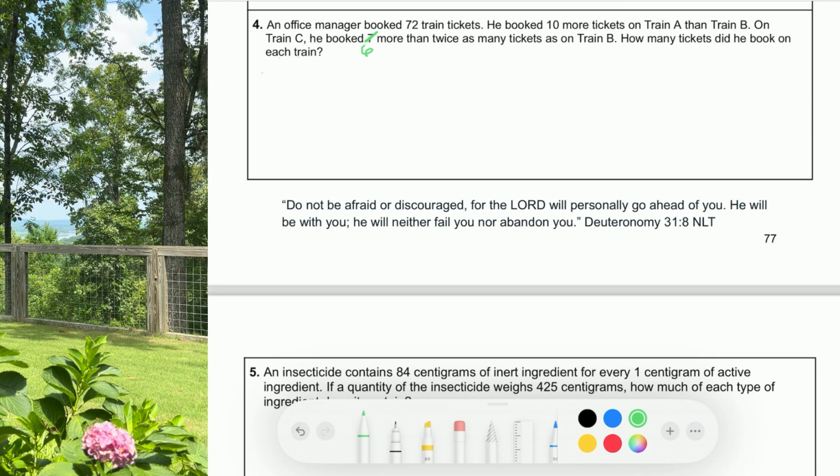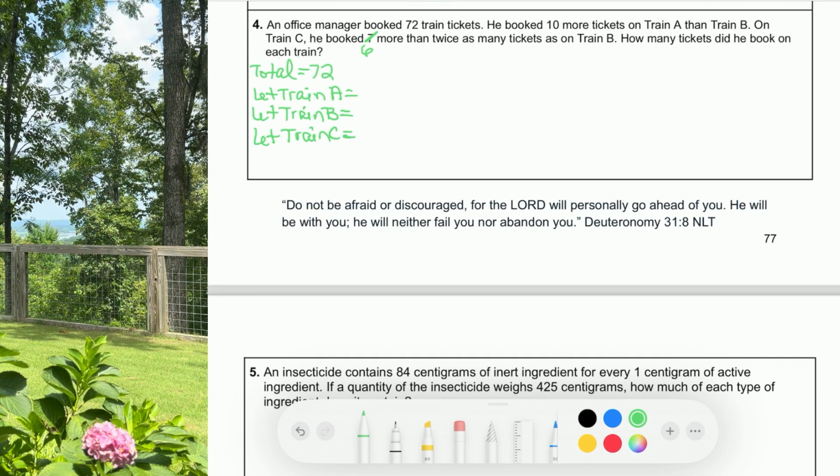The first thing I notice is they tell us the total tickets he bought, so let's put that total equals 72. We have 3 trains. So let train A equal, let train B equal, and let train C equal.